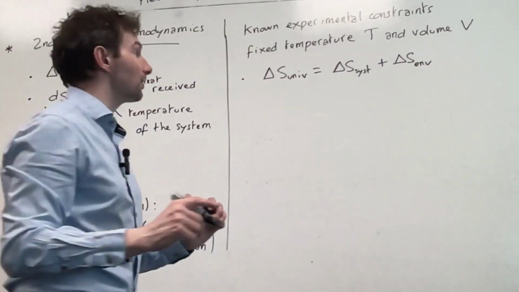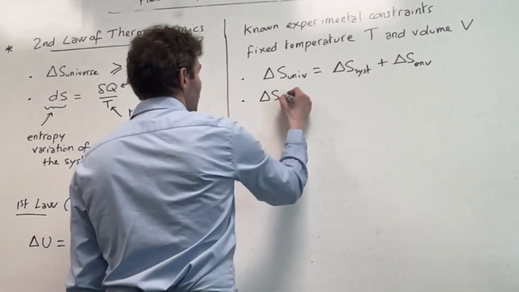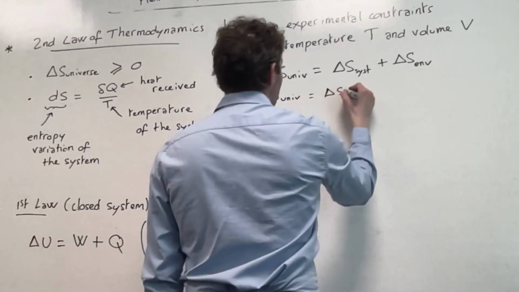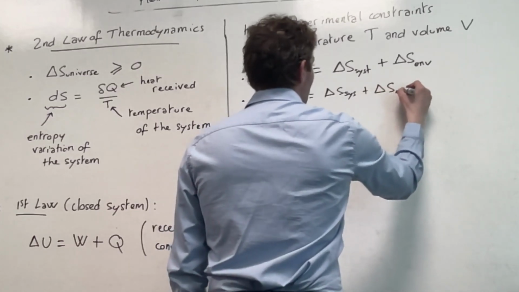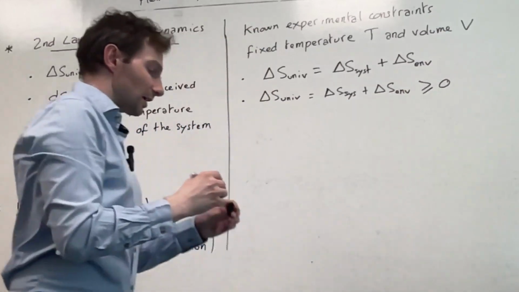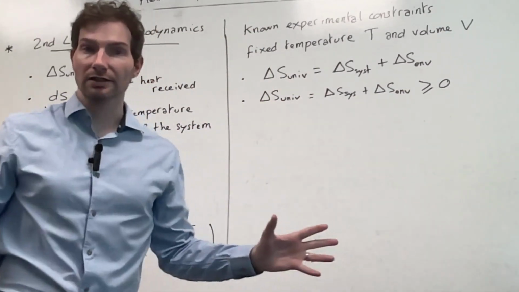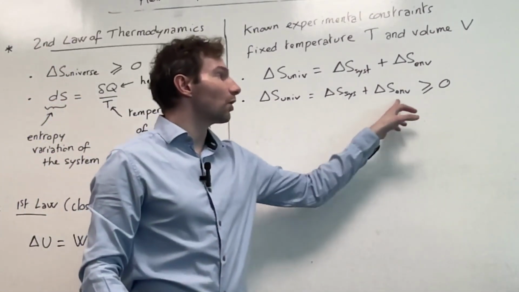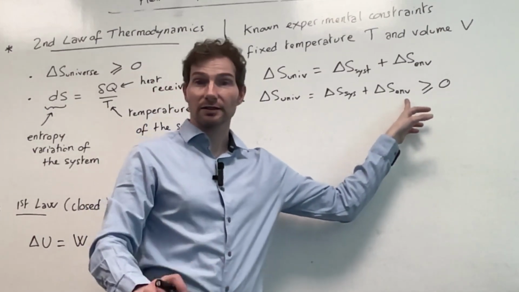Okay, so if I apply the second law, I've got that delta S of the universe is equal to delta S of the system plus delta S of the environment, and that's larger than or equal to 0. Now, this is general, it can be used whatever the case. What's going to be specific is that we need to work on delta S of the environment, and that's it.